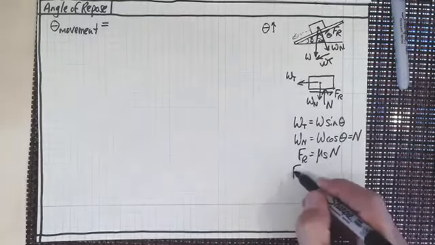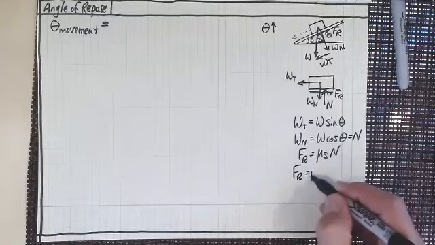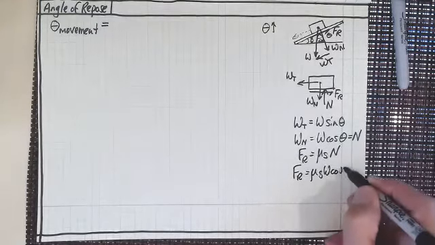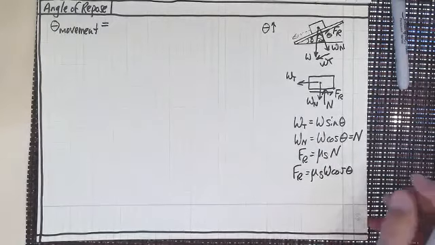So we know that F sub r equals mu sub s times W cosine theta, right?